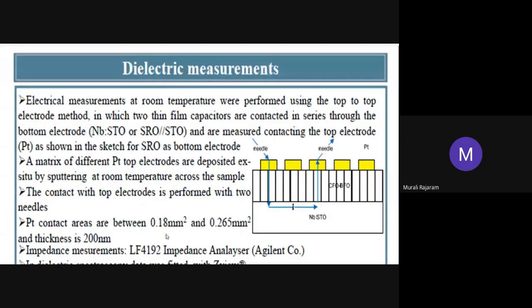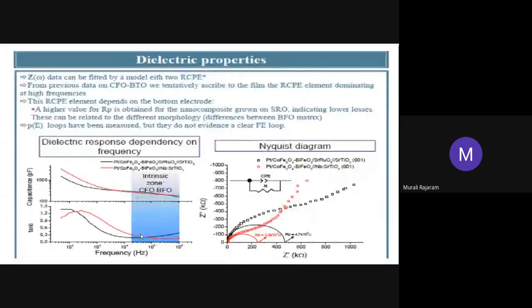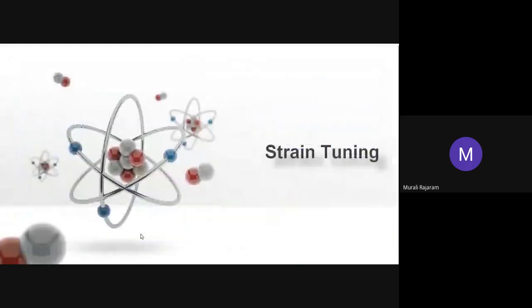I'm not going into the details of this one because of the time constraint, so I will omit this for the present. As I said, strain is one of the main parameters: your lattice strain, and the strain between these two composites of the spinel and cobalt composite is very important.